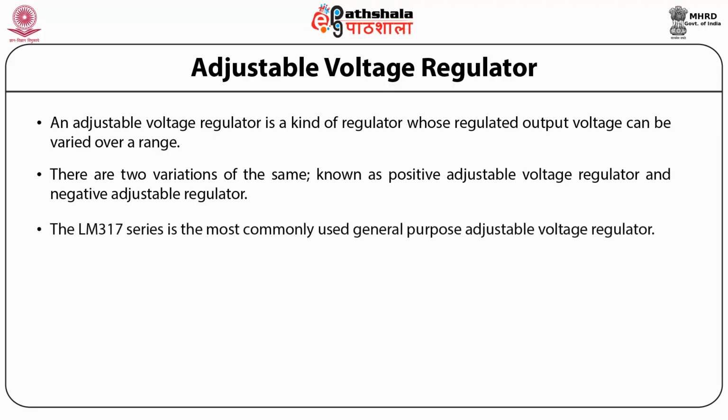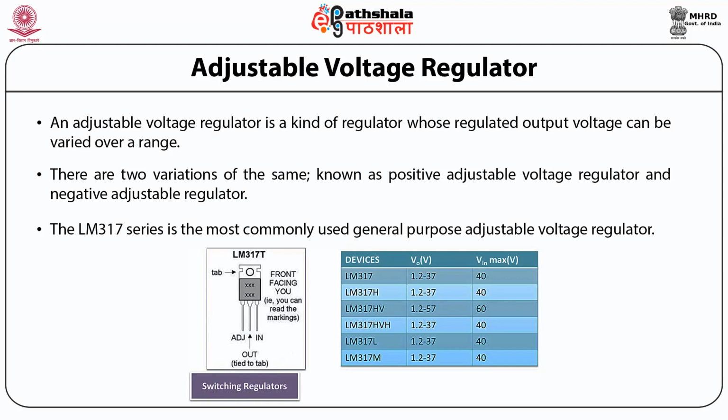The LM317 series is the most commonly used general purpose adjustable voltage regulator, which is shown in this figure, and this table shows the various devices of the LM317 series and the output voltage and the input voltage correspondingly.